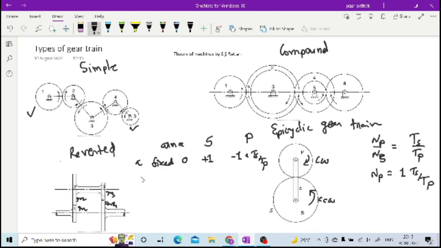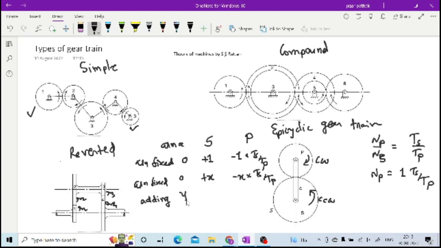Now if you consider again that the arm is fixed, and you are providing some x rotation, then it will have this x into TS by TP. Now you are adding the motion to the arm itself.